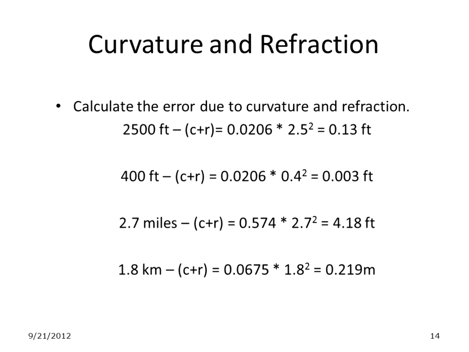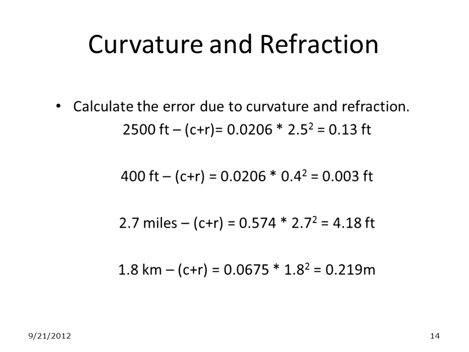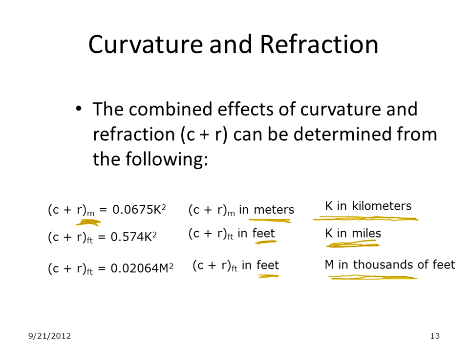Let's look at a couple of quick examples. On the homework, what if you are solving for a meter? Let me back up real quick here. Right here, Josh, this first equation, this M, is the error in meters. And we have an example here on the next page. Calculate the error due to curvature and refraction. What is the error due to curvature and refraction in 2,500 feet?